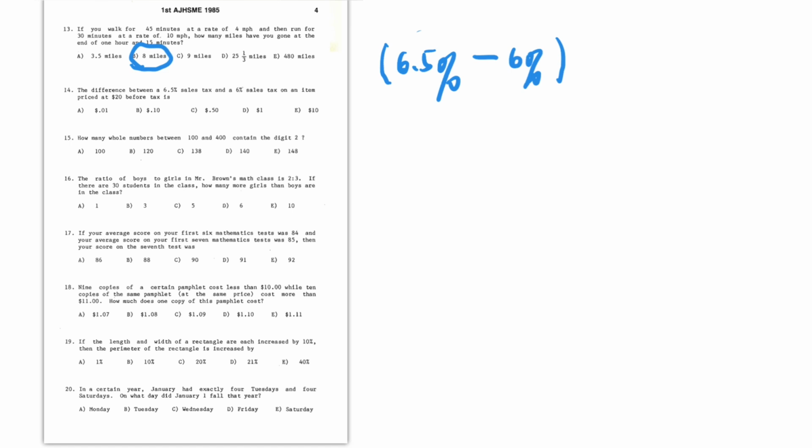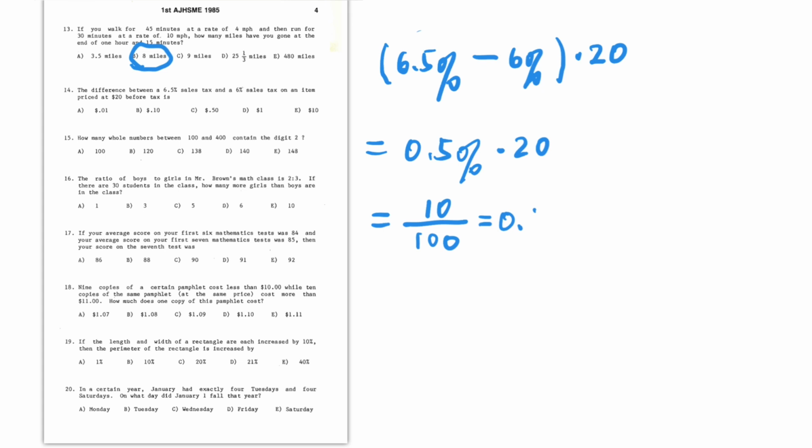The item price is 20. Use 20 times the tax rate difference. That's 0.5% times 20. That will be 10 over 100. 0.5 times 20, that's 10 over 100. That's 0.1. Choice B.